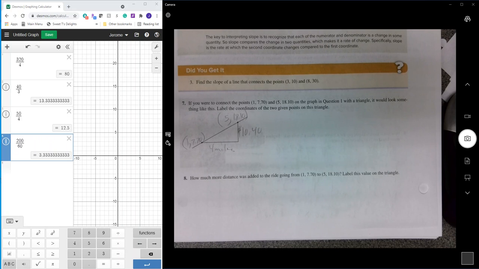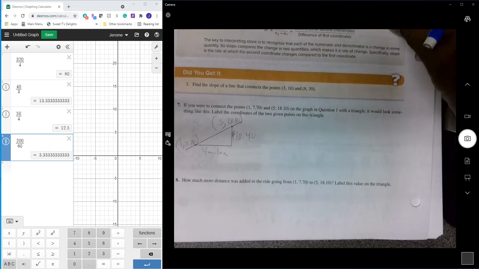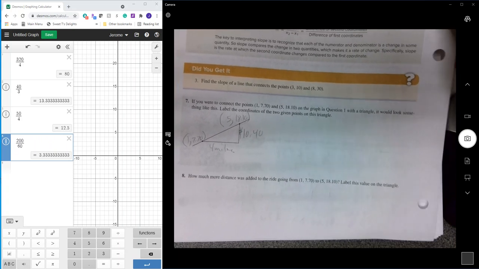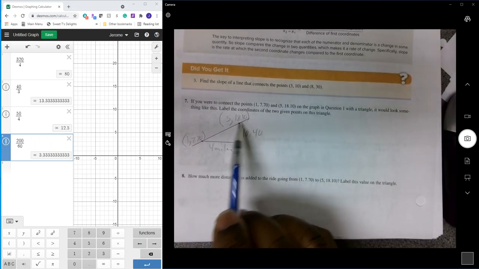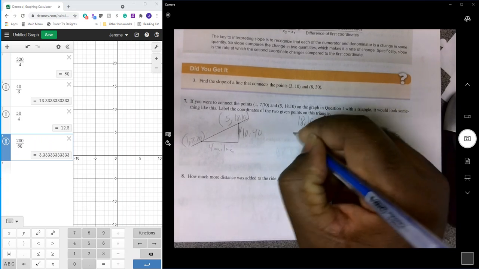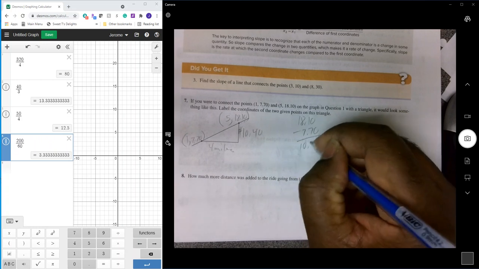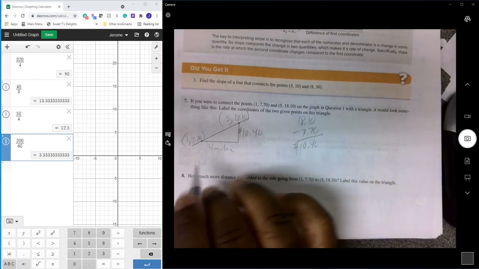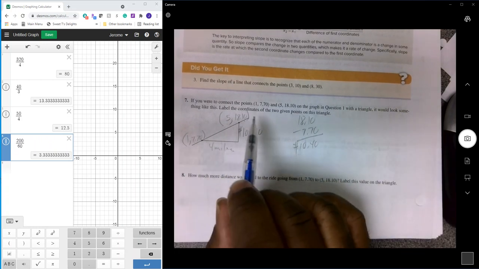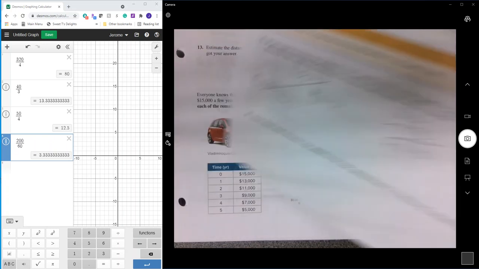Okay, now we move on. Well, actually, yes, we could have subtracted 18.10 minus 7.70 would give us $10.40. So yes, we could have subtracted the x values and the y values to give us our points here.